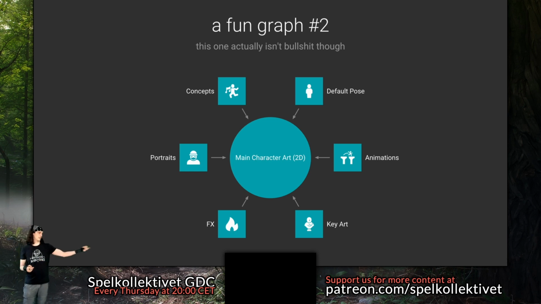Then next one, animations. What kind of animations could you have? A ton. You could have infinite animations, right? Movement. Interactivity animations like picking up items.